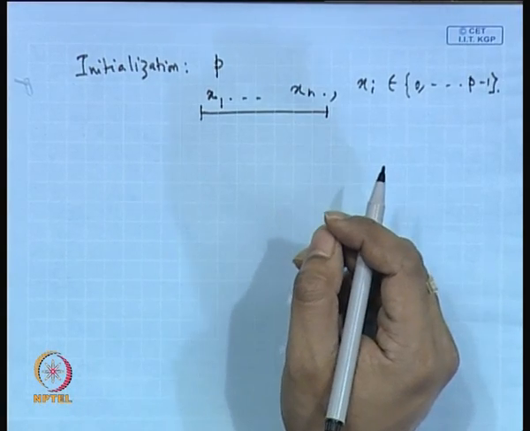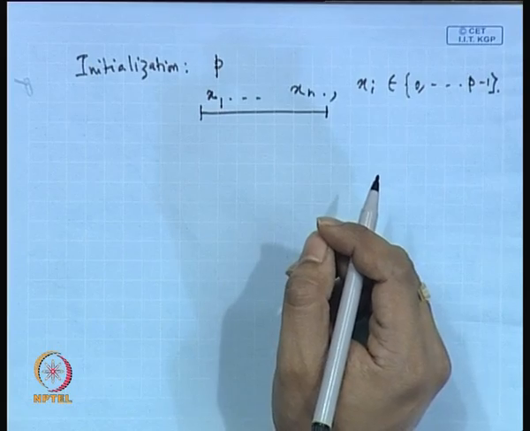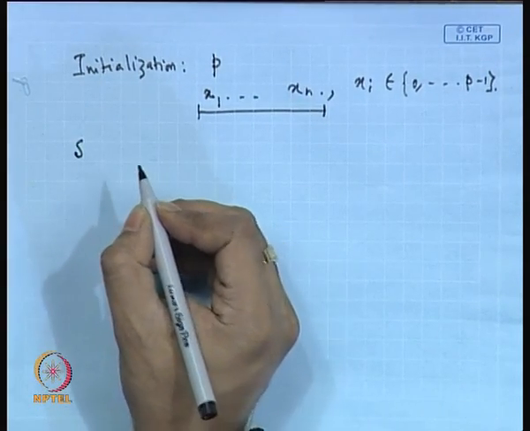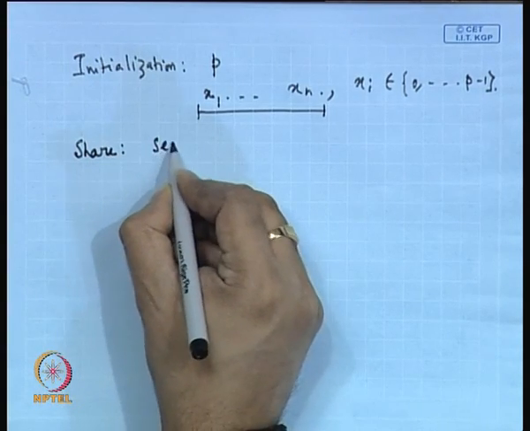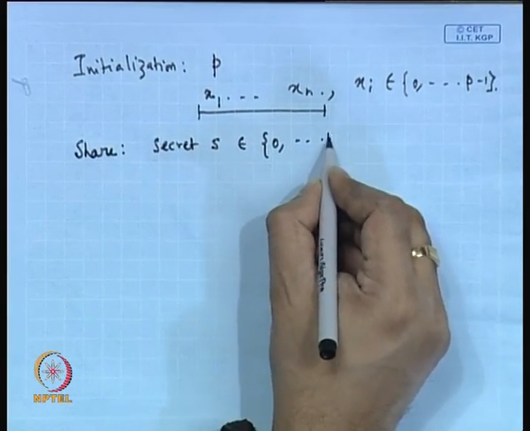So, now we have to prepare the shares. How is the share prepared? Let there be a secret S which I want to share. In order to prepare the shares, suppose the secret is some value S which again lies between 0 to p minus 1.